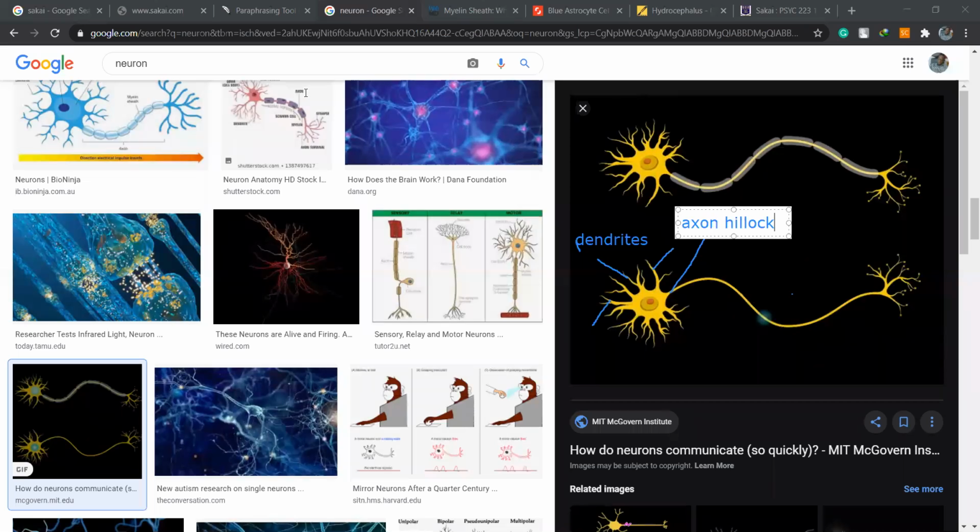Okay, then this part is normally referred to as the axon.